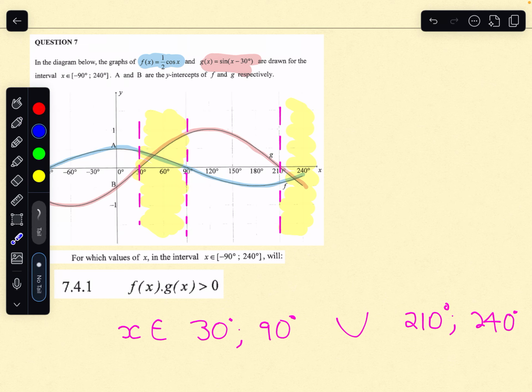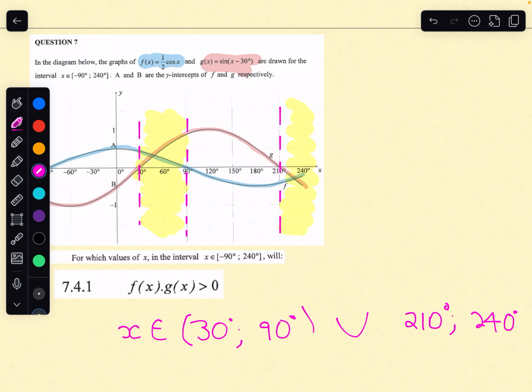Okay, so shall we include 30? No, because at 30, G is equal to 0. So if you times them together, you're going to end up with 0, not something greater than 0. So 30 is not included. 90, same story. Now blue is 0. So if you times them together, you're going to get 0.